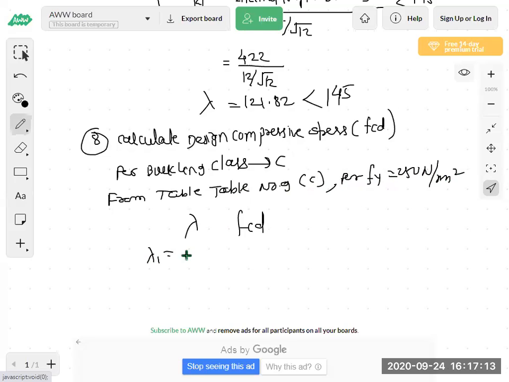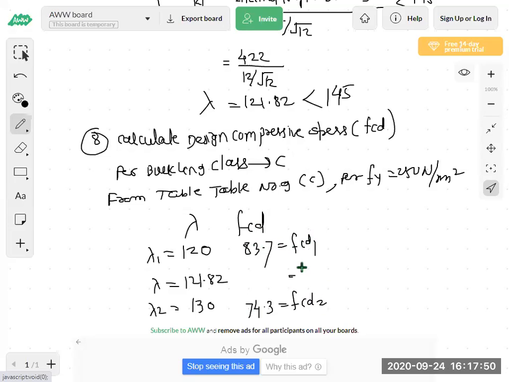So lambda 1 is 120, and lambda 2 is 130, and lambda is 121.82. So for 120 and for 130, table number 9C, values are 83.7 and 74.3. So this is fcd2, this is fcd1, and this is fcd.